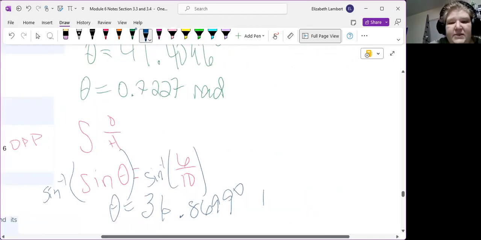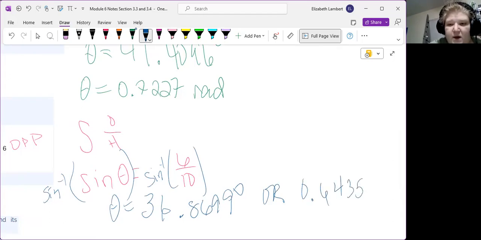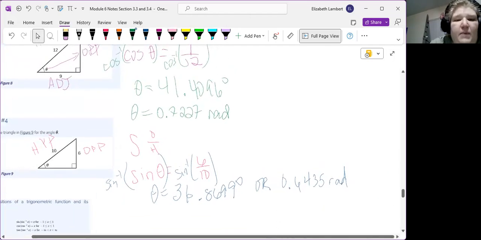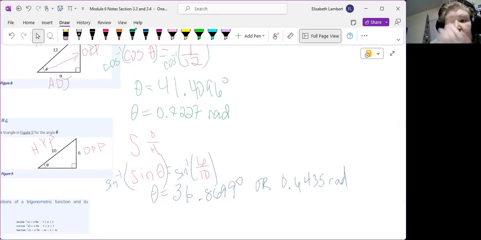In radians, 0.6435 radians. WebWorks should tell you what it wants if it even gives you the questions this way. But this is, at the very basic level, what inverse trig functions do, is they let you see what that angle measure is.